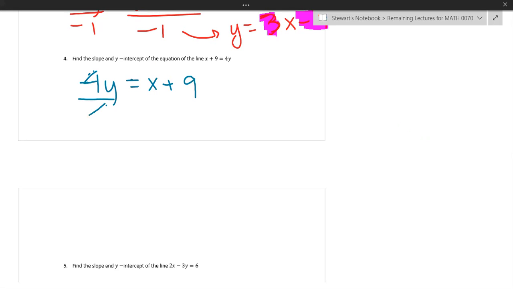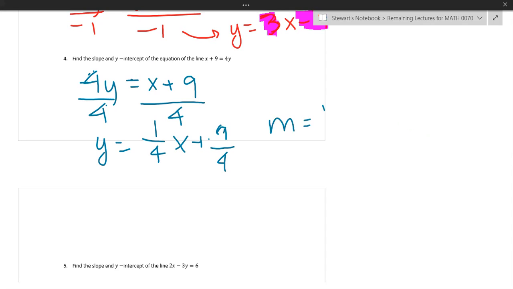The only thing we have to do is divide all of the terms by 4. So we're left with y is equal to, well, the only coefficient in front of x is 1, so it'd be 1/4 x plus 9/4. So our slope then is 1/4, and then our y-intercept, or b, is 9/4. So we found those again. And that one was pretty simple there.